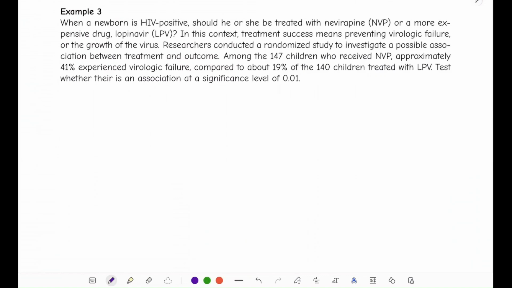Researchers conducted a randomized study to investigate a possible association between treatment and outcome. Among the 147 children who received NVP, approximately 41% experienced virologic failure, compared to about 19% of 140 children treated with LPV. Test whether there is an association at a significance level of 0.01.